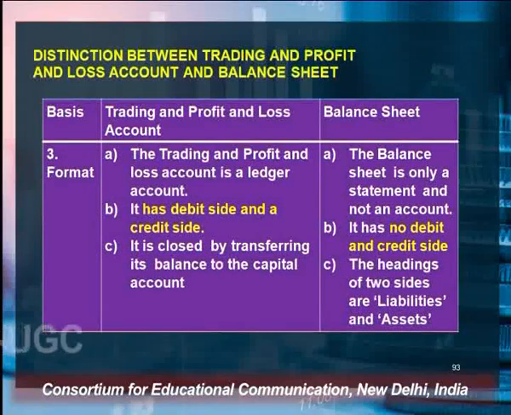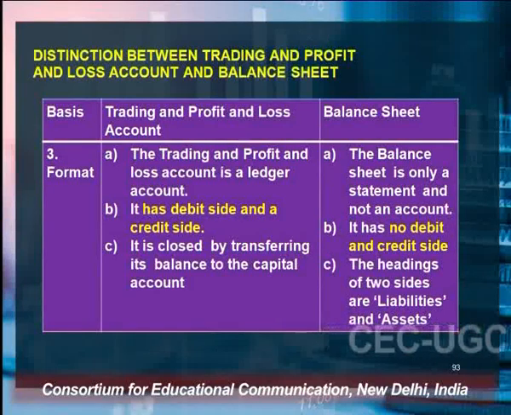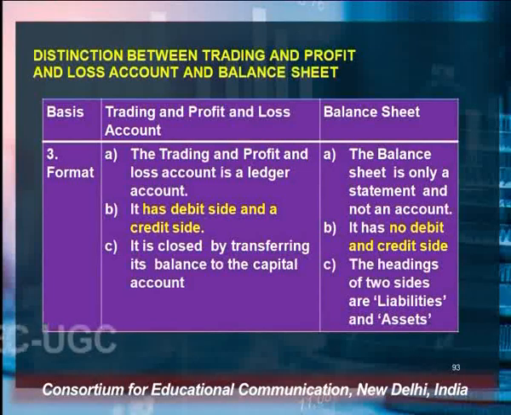The trading and profit and loss account is a ledger account. It has a debit side and a credit side. It has two sides, and it is closed by transferring its balance to the capital account.